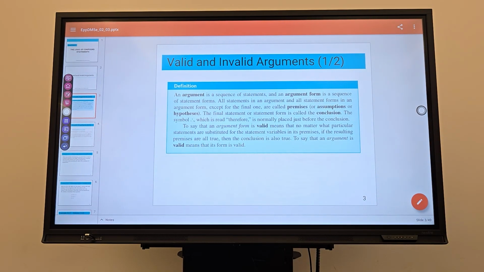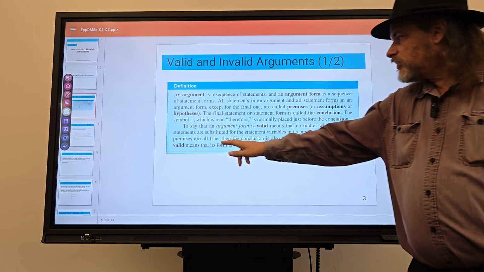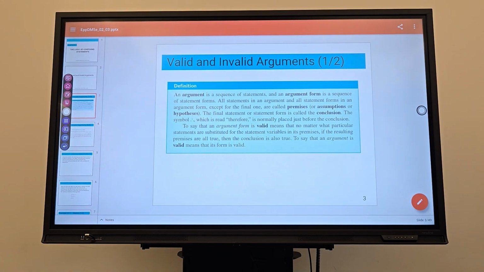All statements in an argument, except for the final one, are called premises, or assumptions, or hypotheses. The final statement is called the conclusion. The symbol of 3 dots, which is read therefore, is normally placed just before the conclusion.